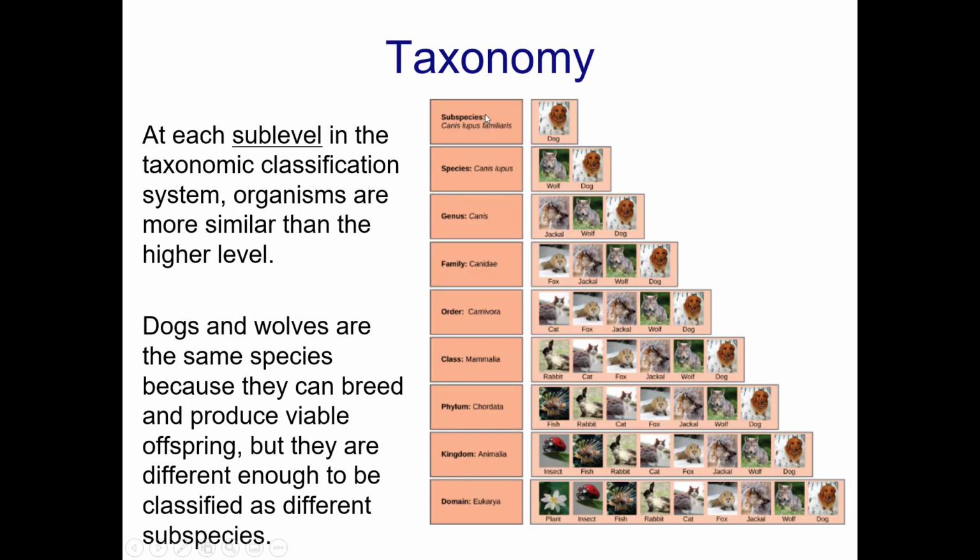All right, taxonomy. You're probably familiar with taxonomy. This one shows it, I guess, from the bottom up. You probably know domain, kingdom, phylum, class, order, family, genus, species. You need to know these really well. So you may remember there is a mnemonic device: domain, kingdom, phylum, class, order, family, genus, and species.